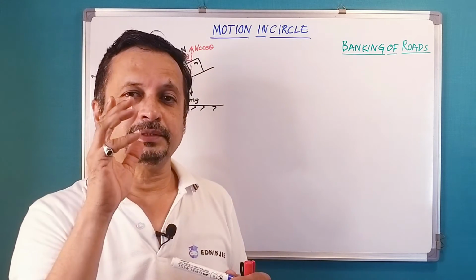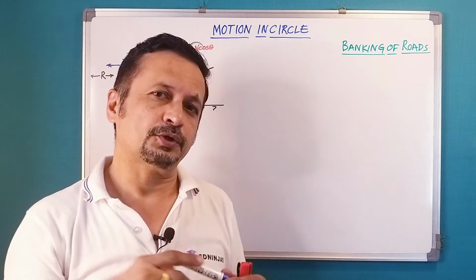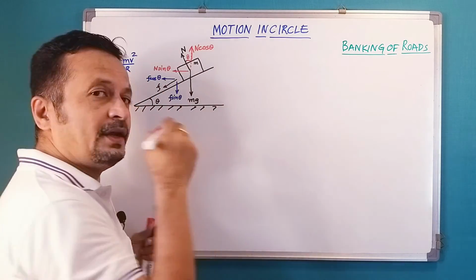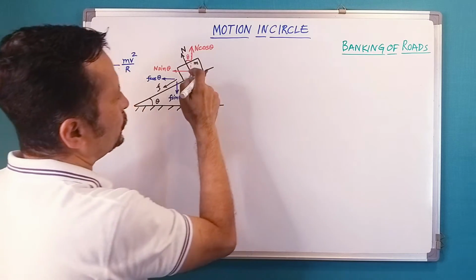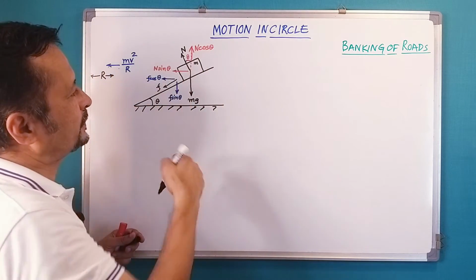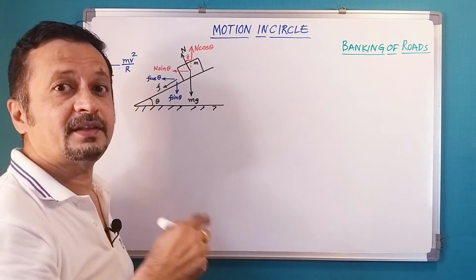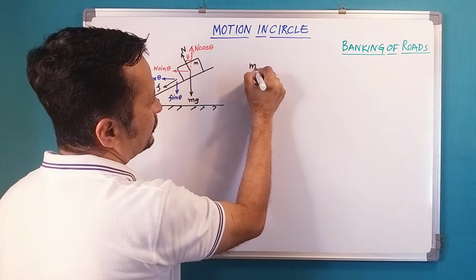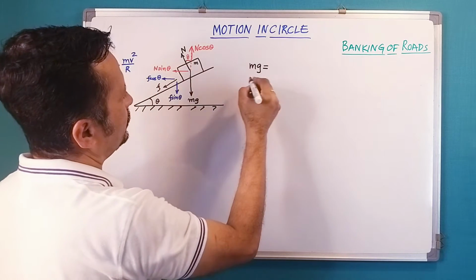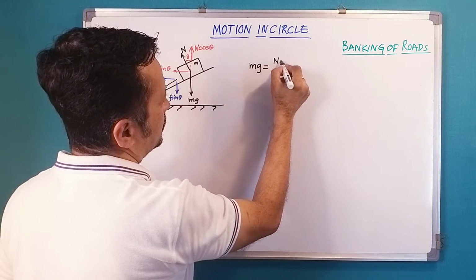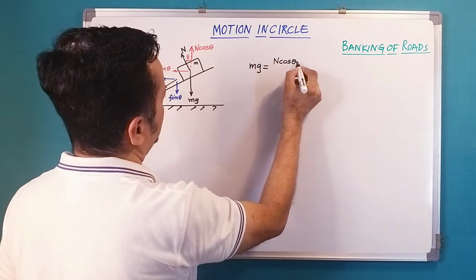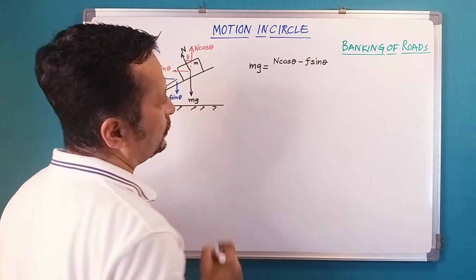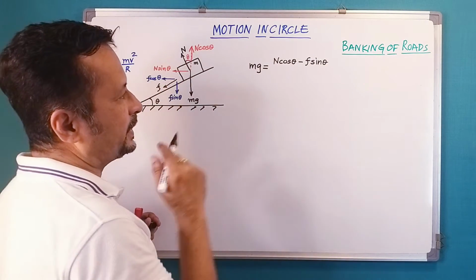Now let us add the vertical forces and horizontal forces. If I take sigma Fy equal to 0, then N cos theta minus f sin theta has to be equal to mg, isn't it? So mg is equal to N cos theta minus f sin theta. That is mg.